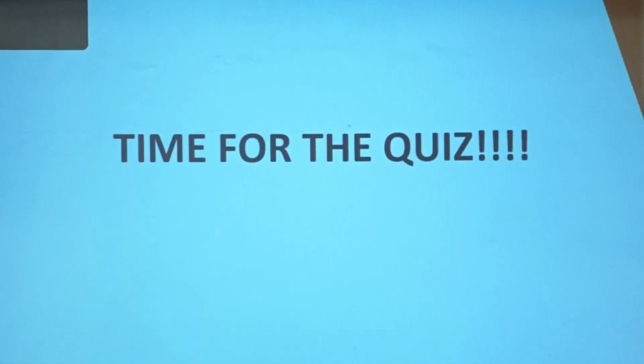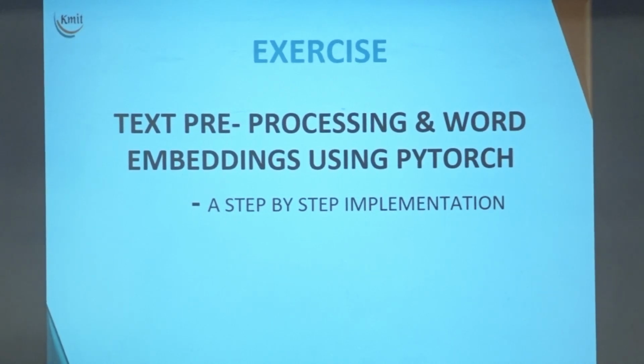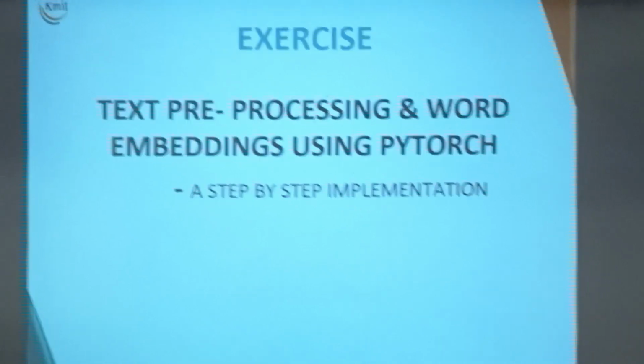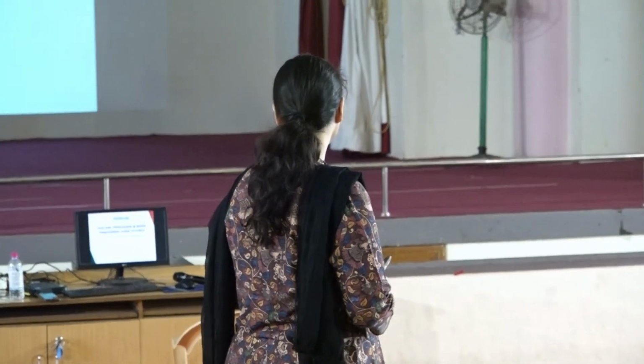Alright. Listen to this exercise very carefully because tomorrow you will be doing a hands-on using similar concepts. Today's practical session is about text pre-processing and word embeddings using PyTorch. I have already explained the theory part involving the embedding layer.